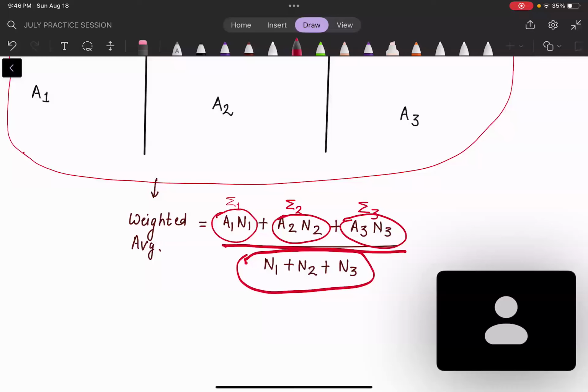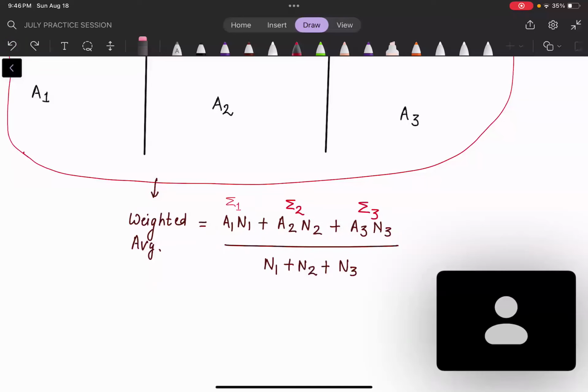So addition also, multiplication also, division also. So 3 operations are there. So that's why this formula is a little bit time taking. So we will apply the same formula, but we will apply the deviation method. See it this way.